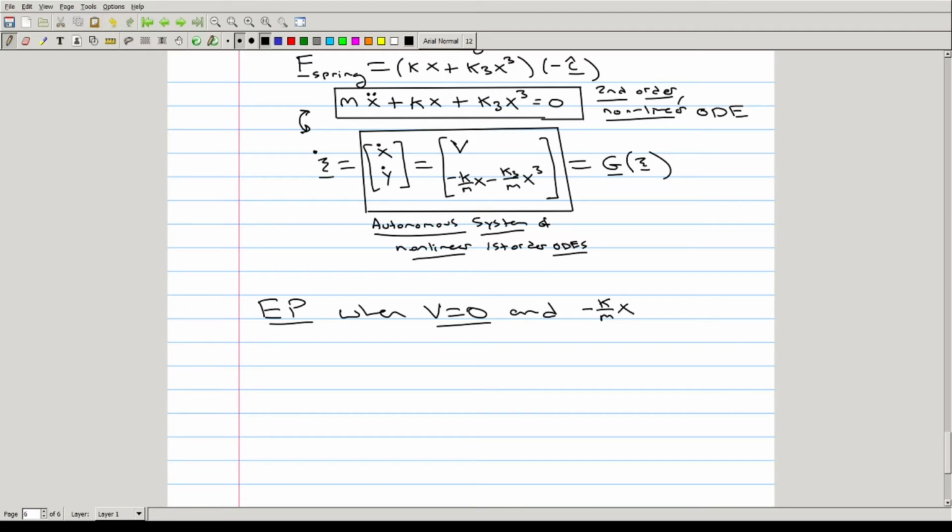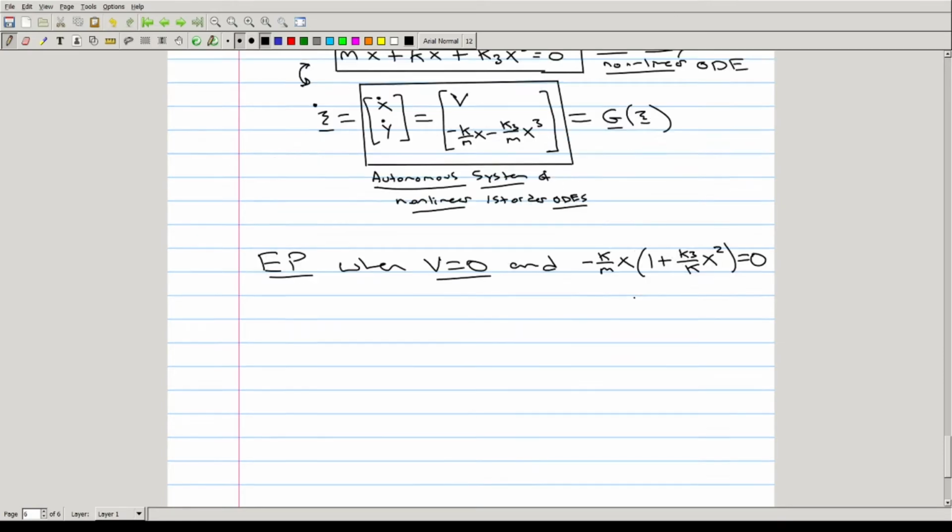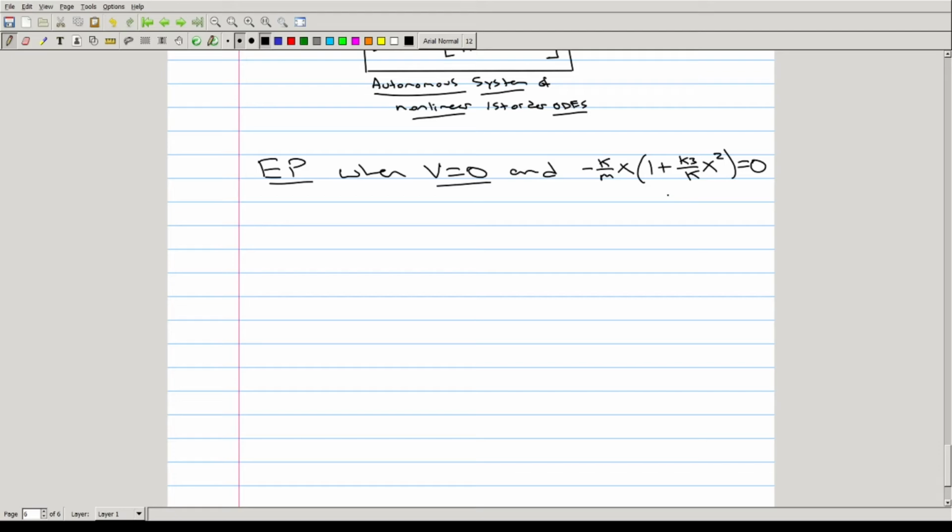If I factor out negative k over m x, this is negative k over m x times 1 plus k3 over k times x squared is equal to 0. And this equation now has more than one solution.